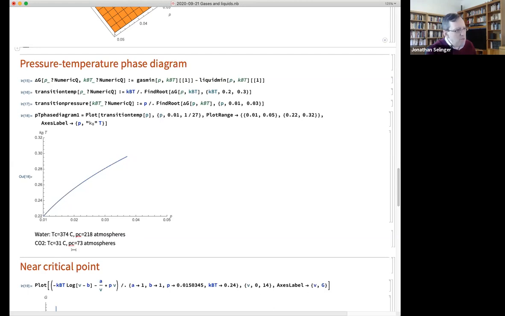But the critical pressure is 73 times atmospheric pressure. So this is not something that occurs in everyday life for us on Earth, but it can certainly occur in the laboratory. People deal with supercritical fluids in the laboratory and in high pressure cells. So this is a real phenomenon.